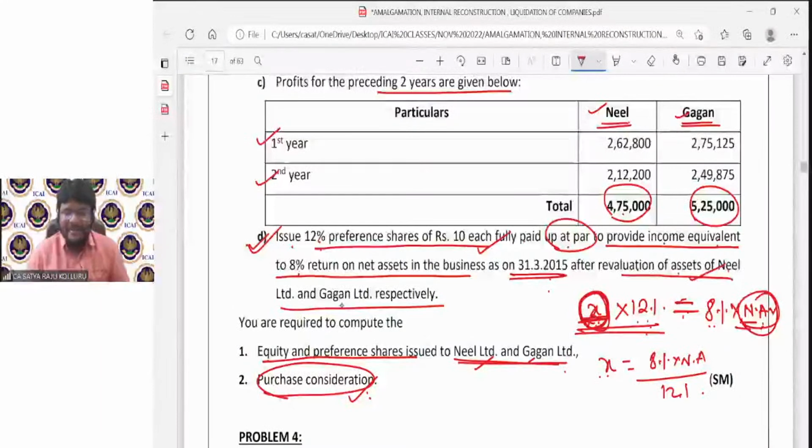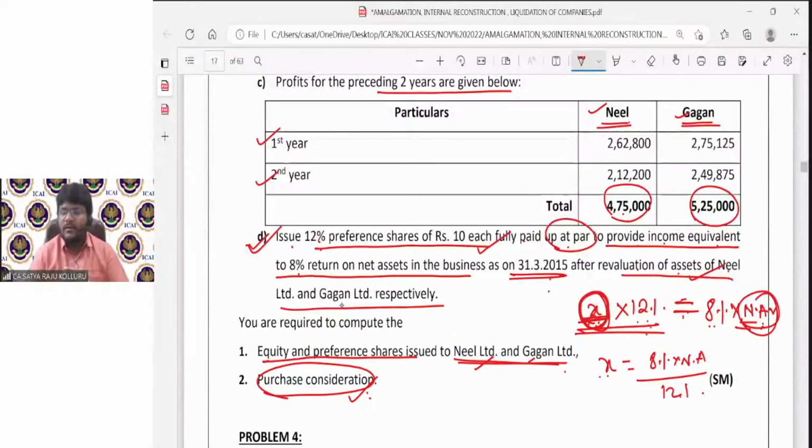Okay. Guys, don't be confused while applying the method of PC. They always provide the information in such a way that students will be tempted in the wrong direction. Whenever they are asking something related to PC, you need to think only one thing: whether you are able to ascertain the amount payable to equity shareholders and the amount payable to preference shareholders of the selling company.